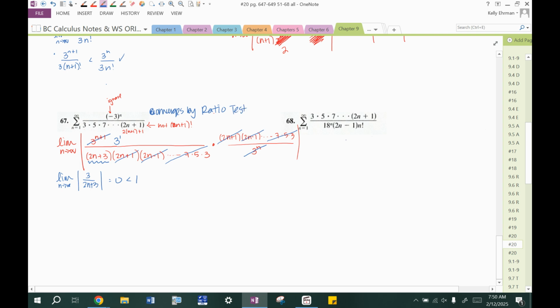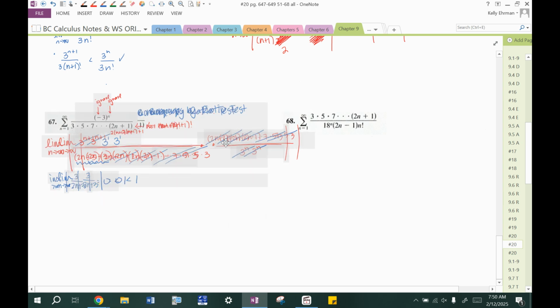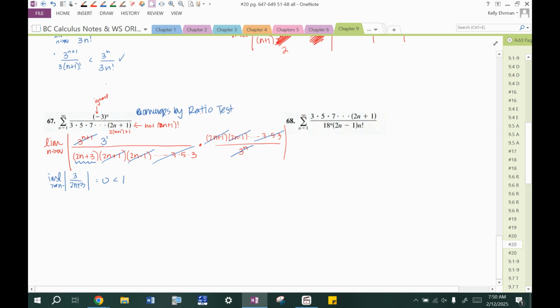Let's try ratio test again on this one then. My work got kind of stretched out there. Let me see if I can scooch this over a little bit. There we go. All right. So for 68, I'll just do this one in green so it's not separate. Same idea.